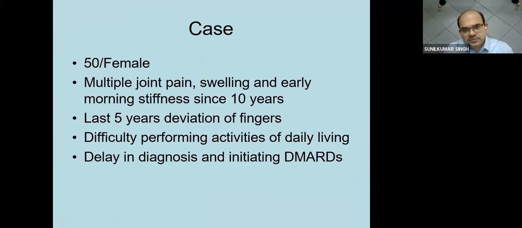So from the other joint manifestations, let's focus on the deformities of the hand joint. So somebody who's had rheumatoid arthritis for about 8 to 10 years now and has noticed deviation of the fingers, has difficulty performing activities of daily living, and there has been a delay in diagnosis or reaching the rheumatologist or a clinician, and DMARDs have not been initiated early.